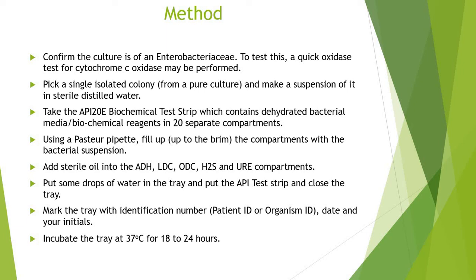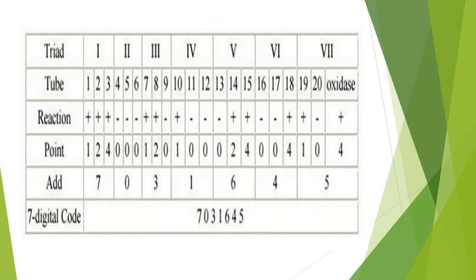Add sterile oil into the ADH, LDC, ODC, H2S and URE compartments. Put some drops of water in the tray, put the API test strip in, and close the tray. Label the tray with an identification number, for example patient ID, organism ID, date and your initials. Incubate the tray at 37 Celsius for 18 to 24 hours.